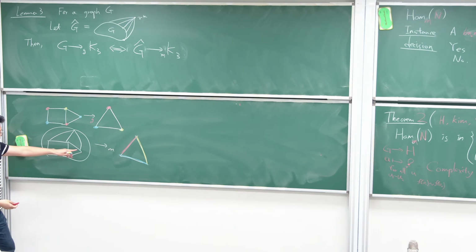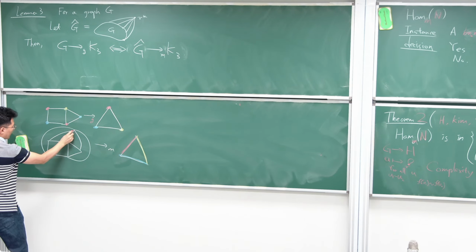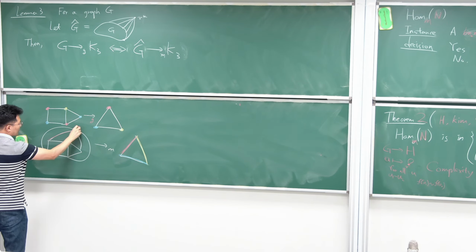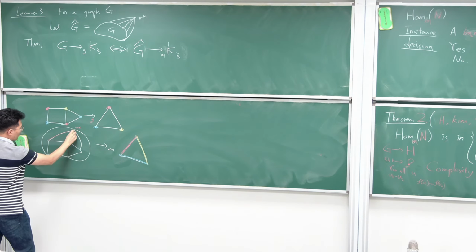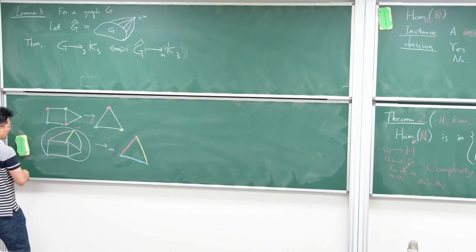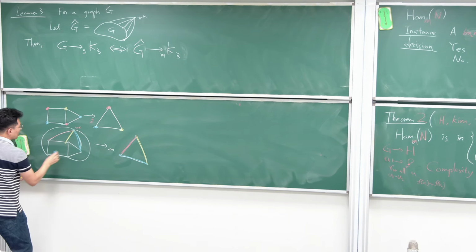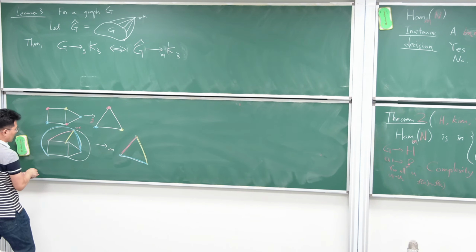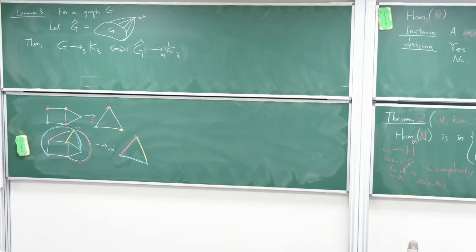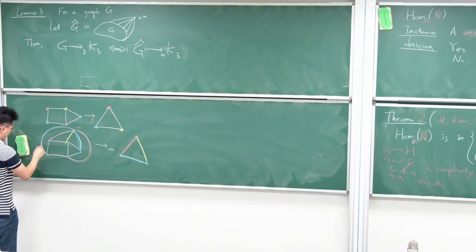So let me define the matroid homomorphism for this case. This one is red, so we color V star and this vertex red. And this vertex is colored yellow, so we color this edge yellow, and so on. For G, we color each edge by the third color in each fundamental cycle.